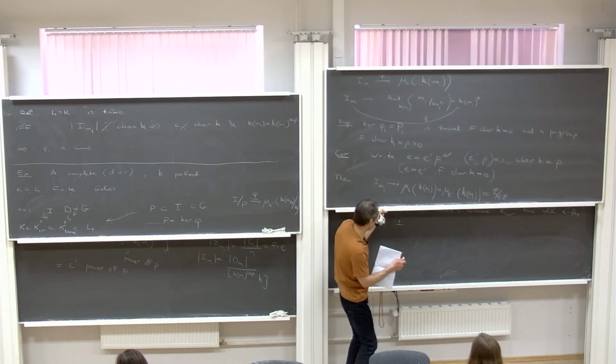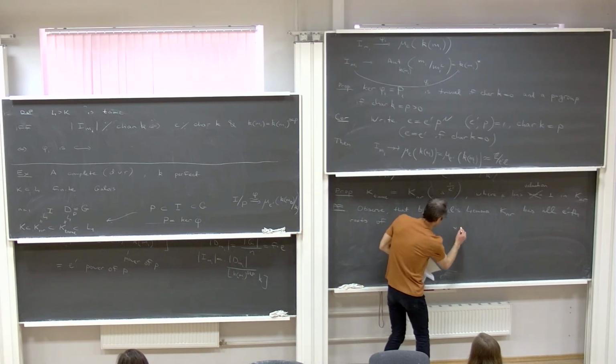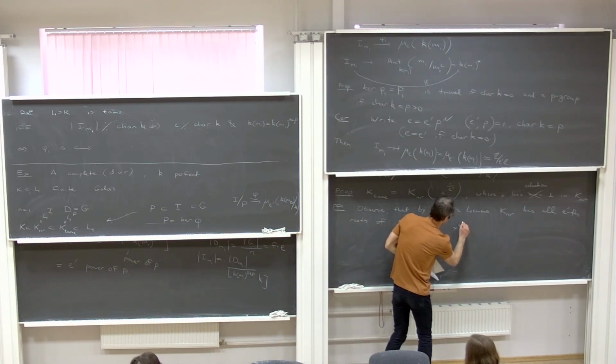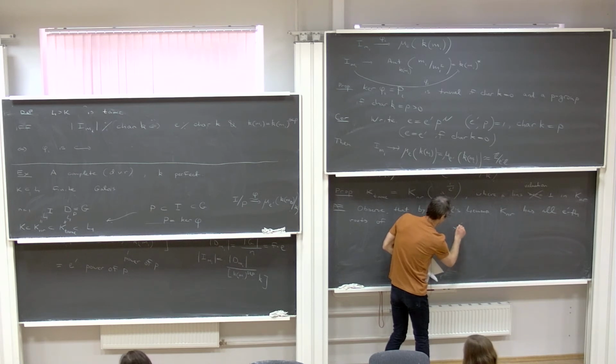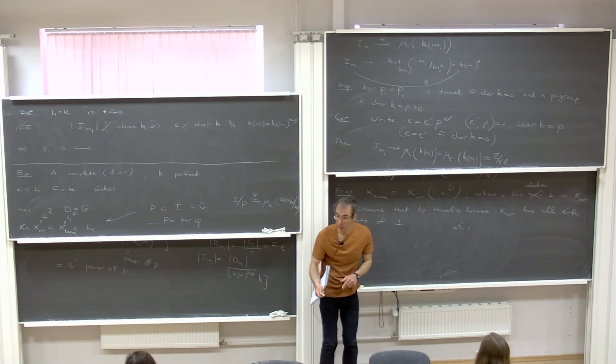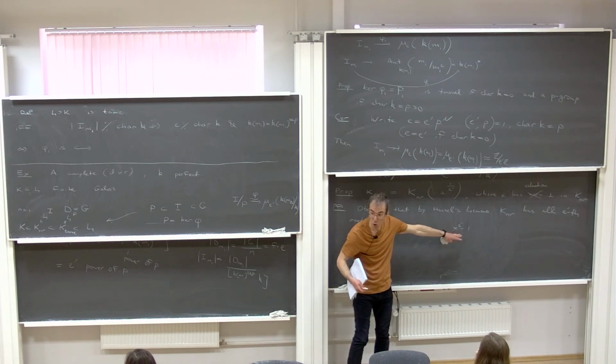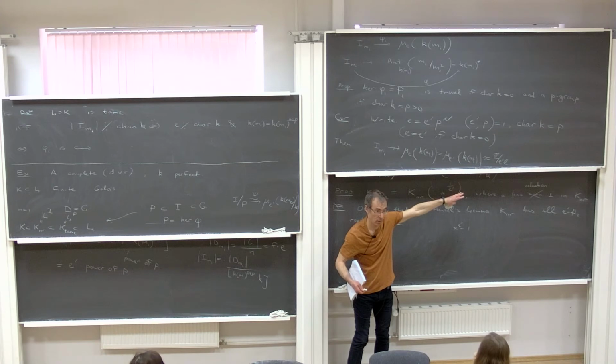And this polynomial, x to the e prime power minus 1, is separable in the sense that it has no multiple roots modulo the maximal ideal, right? e prime is relatively prime to the characteristic.